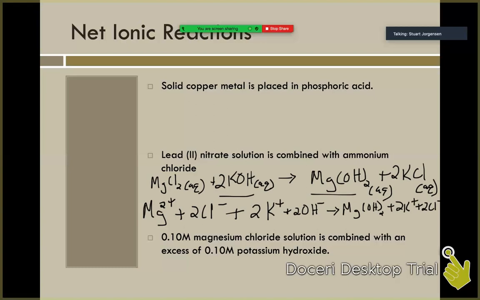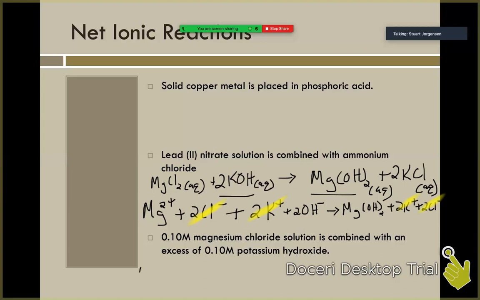All right, now we can look for spectators. Here's our complete ionic. Our spectators here, we've got 2 potassiums floating and 2 potassiums floating. Looks like we've got 2 chlorides floating, 2 chlorides floating. So if we want just the net ionic, I should be able to get down below here.